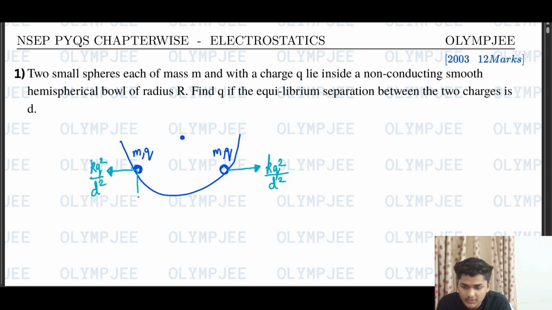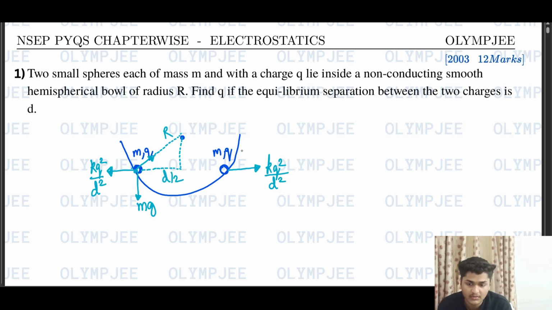Mg will be acting downwards and normal will be acting perpendicular to the surface at this point, so somewhere here, and normal always passes through the center of the circle, so it will be passing through here. This distance is d by 2 and this is r. This we will be using later.